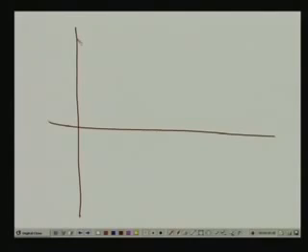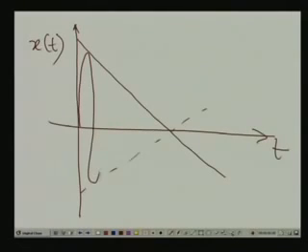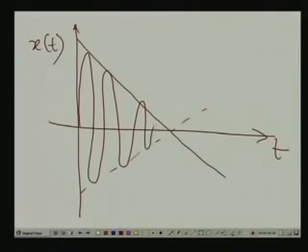Suppose you have a motion like this, with the time axis t and this is x(t), going from positive to negative. Then what will be the LVDT output? The LVDT output will actually be sinusoidal, like this. There are many more cycles than this, I can't draw that, so I am showing it like this, and when this goes negative, then actually this will change phase.